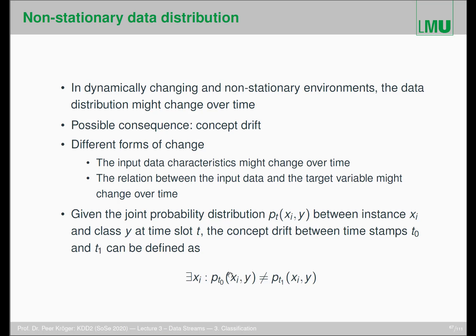So the probability or the relationship between x, y and the class, the target variable, changes from one time slot to the next time slot. Yeah, so that is actually the concept drift.